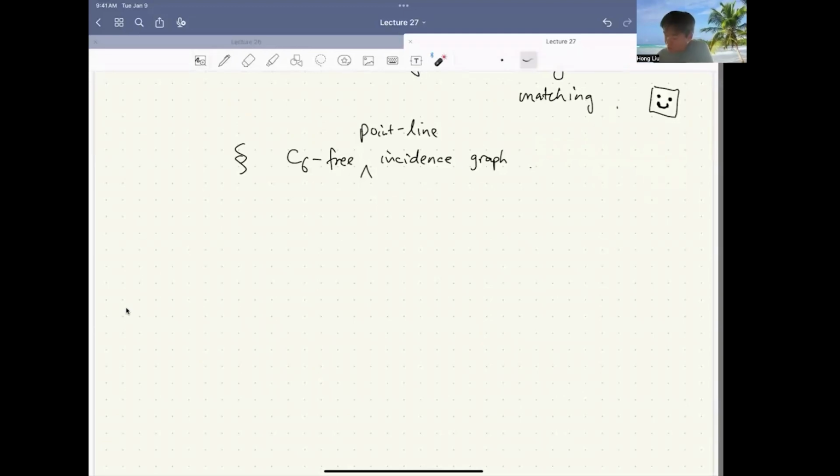So let me first explain what an incidence means. Given a points-lines arrangement, a planar one, on the plane.